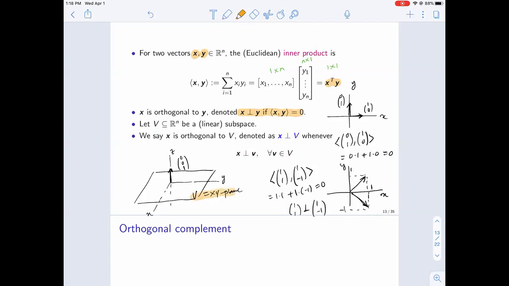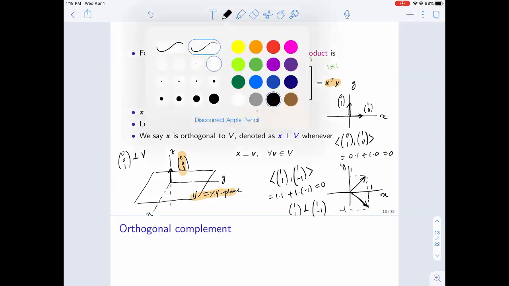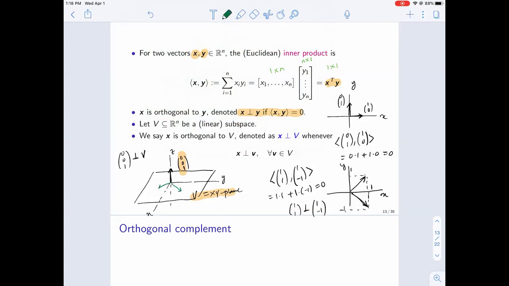So let's say 0, 0, 1 is perp to V, where V is the xy plane. Any vector you take in the xy plane, this guy is going to be orthogonal to those. So that's the definition. We know what it means for a vector to be orthogonal to another vector, and from this we define what it means for a vector to be orthogonal to a subspace, which means that the vector is orthogonal to any vector in that subspace.